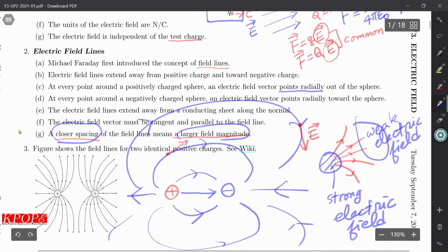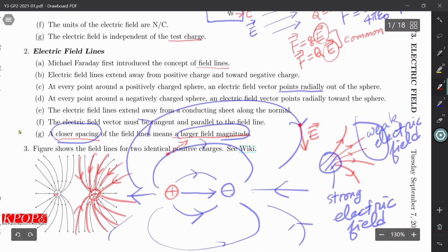In case we have negative, then the direction is opposite. Okay? Negative, negative. All right.